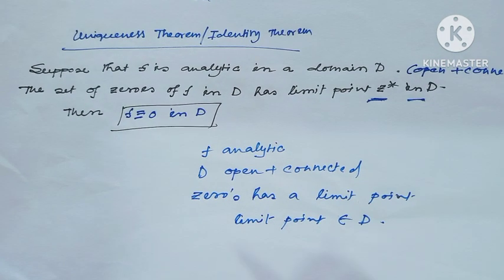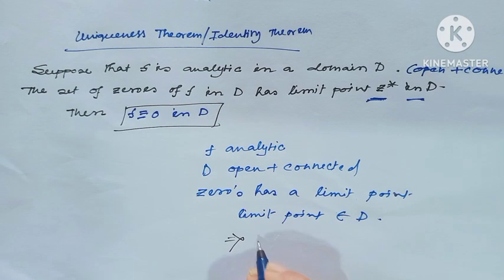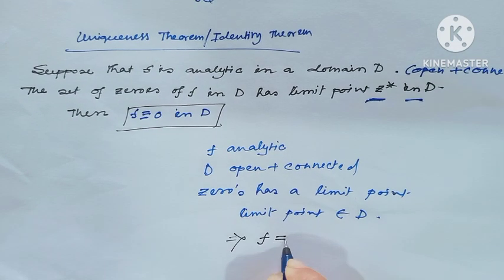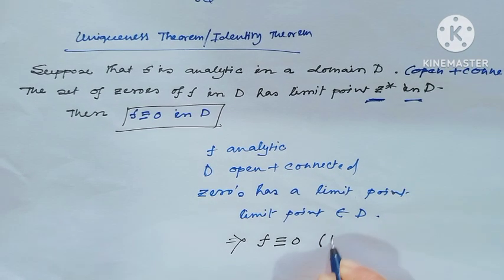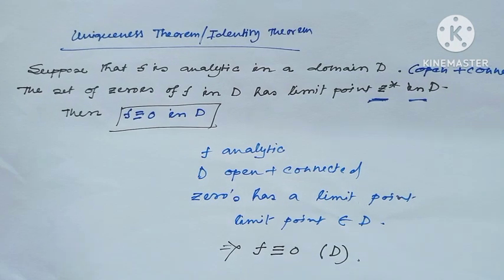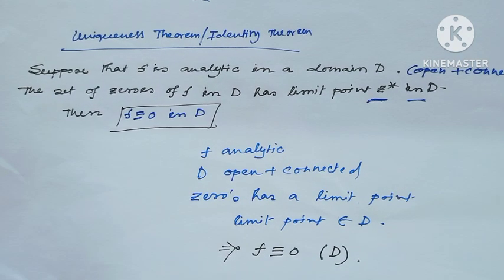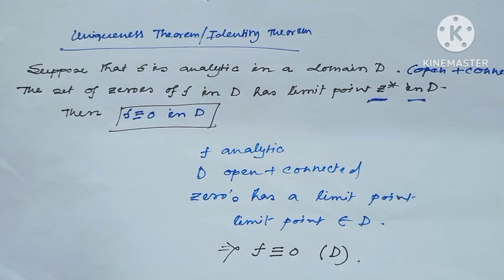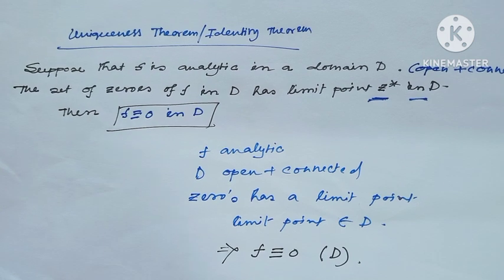Then we can tell, obviously, f is identically 0 in this domain D. This is the uniqueness theorem.